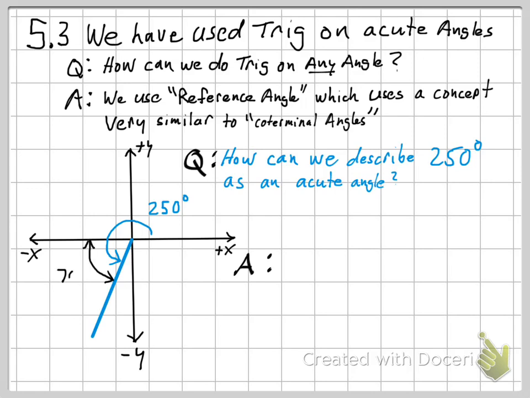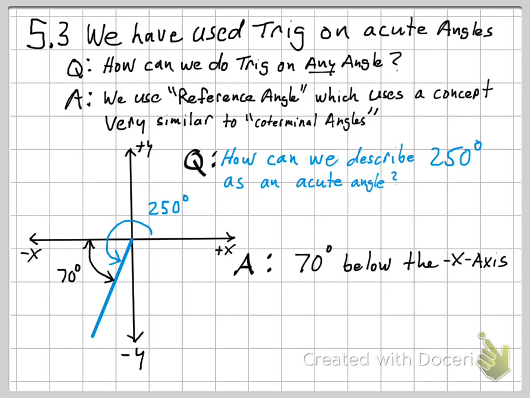And a reference angle is always going to use the x-axis. So instead of describing this as 250 degrees from the positive x-axis, an obtuse angle, I can describe it as 70 degrees below the negative x-axis, or I can say 70 degrees in the third quadrant.